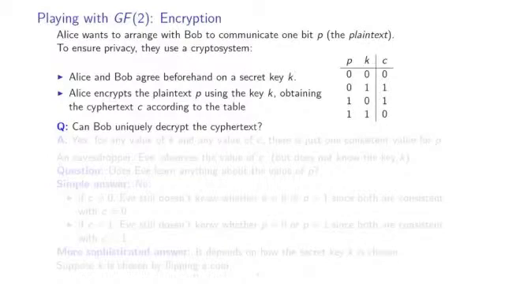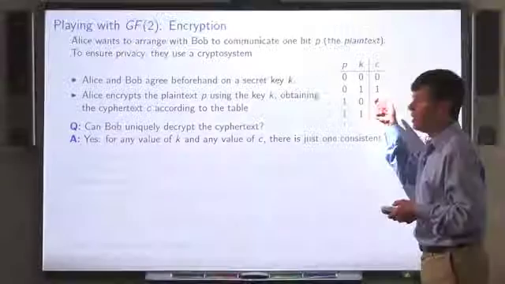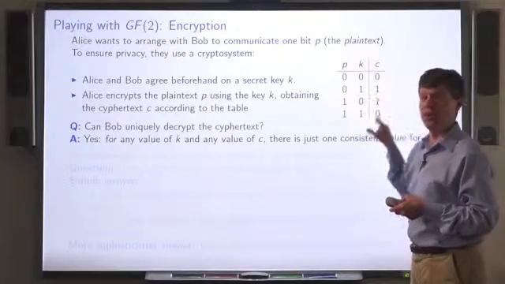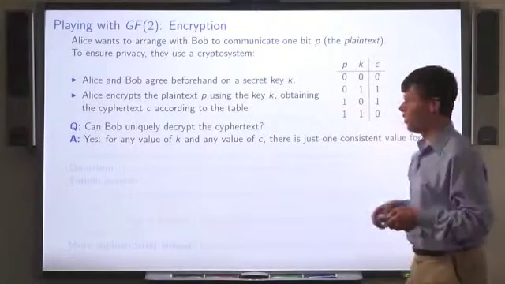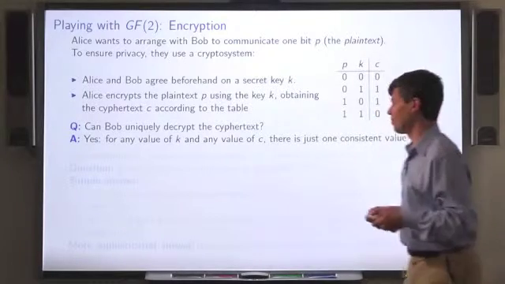Well, he knows K, the key. He receives 0 and 1 as the ciphertext. Now, for any particular value of K and any particular value of C, there's only one value of plain text that's consistent with those. So Bob can determine what plain text was intended by Alice.